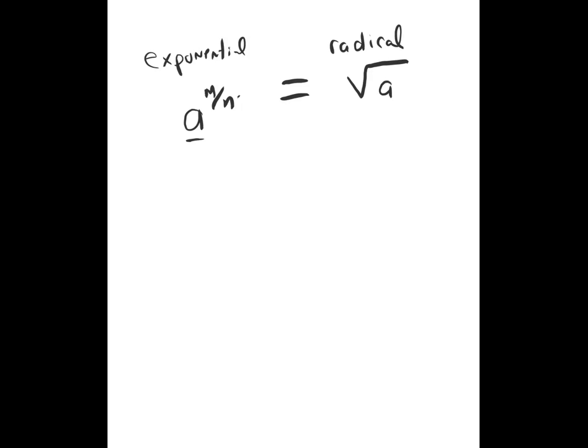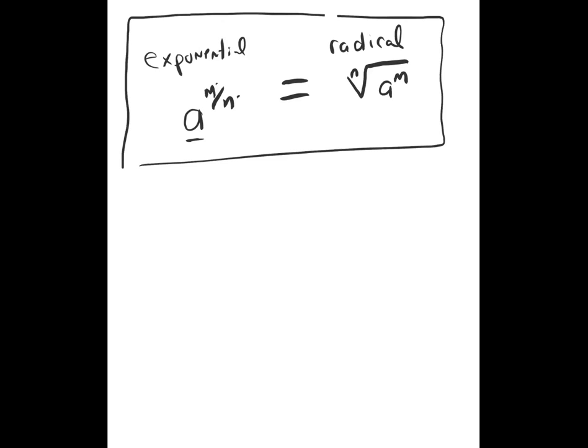Our denominator is our index. And the numerator is the exponent of your radical. These two notations are the same, just look different. Kind of like how $1 and 4 quarters are the same and look different. Kind of like how 1 over 2, which is a fraction, is the same thing as a decimal.